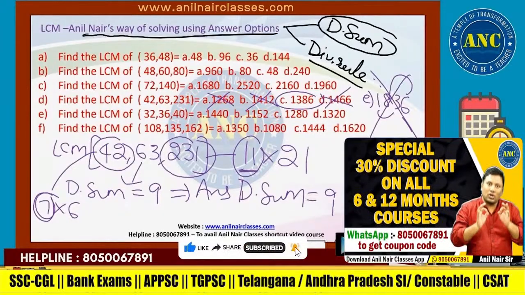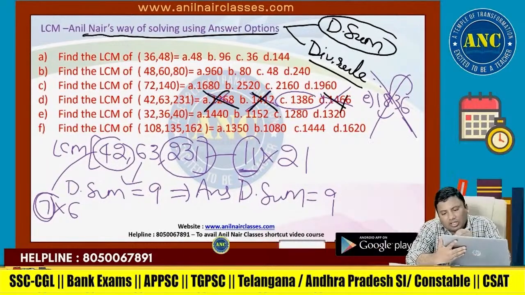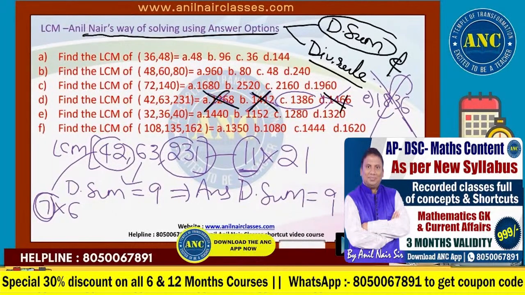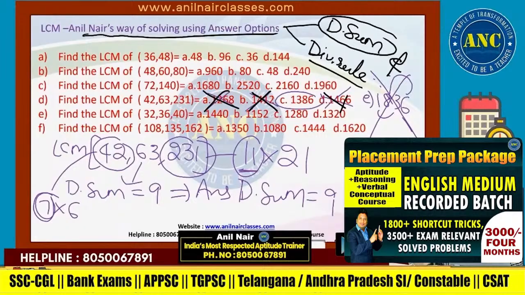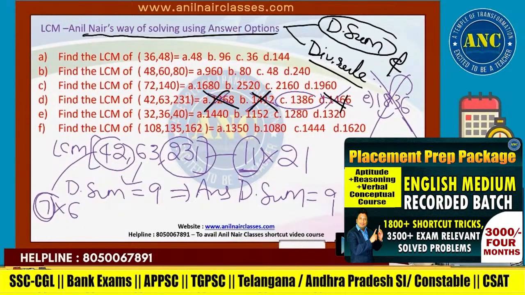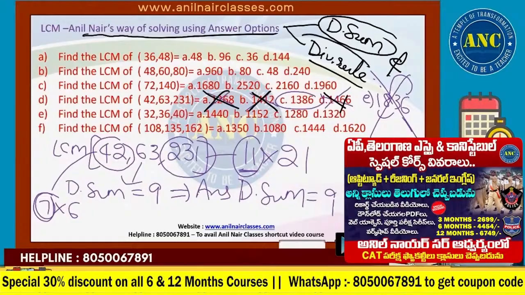Right? Digital sum is 9. This is out, this is out, this is out. Both the conditions should be satisfied. Digital sum should be 9 and the divisibility rule should be satisfied.